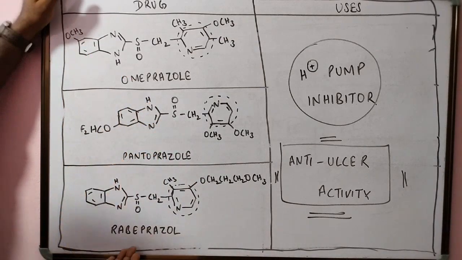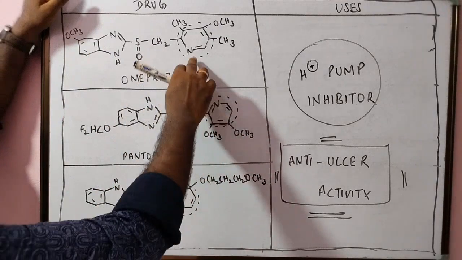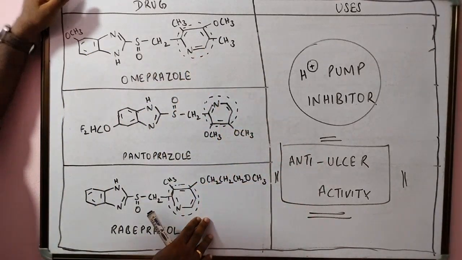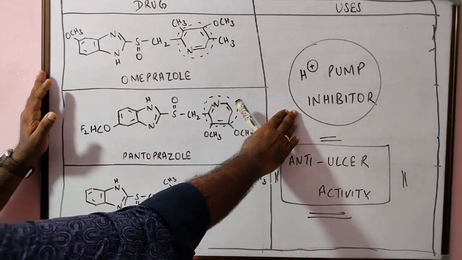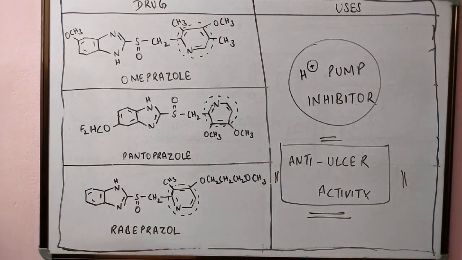Omeprazole, pantoprazole and rabeprazole. All of these drugs contain pyridine as the main nucleus, which has been demarcated in the structures of these molecules. These drugs are proton pump inhibitors and therefore possess anti-ulcer activity.